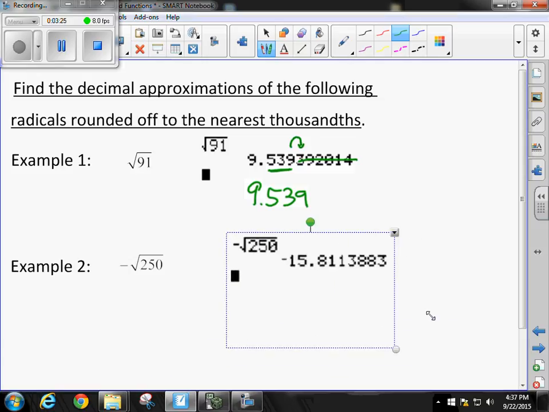Now when you're rounding something off to the nearest thousandths, that means you're going to keep 3 decimal places, and you look 1 digit to the right of that third one, into that fourth spot, to decide whether to drop it off or to add 1 to the third digit in the thousandths place. Since this number is a 3, we're just going to lop that all off. 15.811.